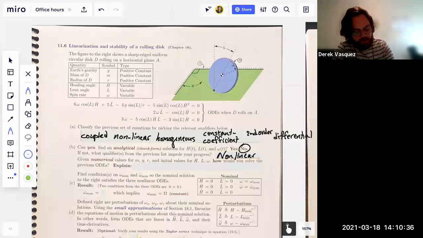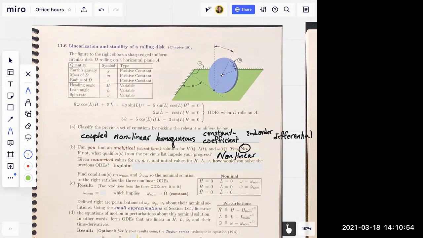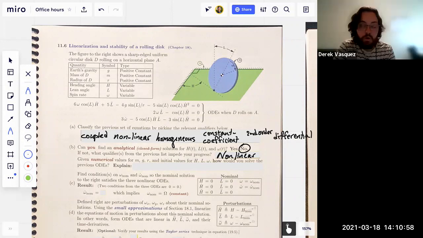Okay. So if we were given numerical values for MG and R, so our parameters, and initial values for our dependent variables, how would we solve this ODE? Or how could we? Linearization. So, how could we solve the previous ODE?